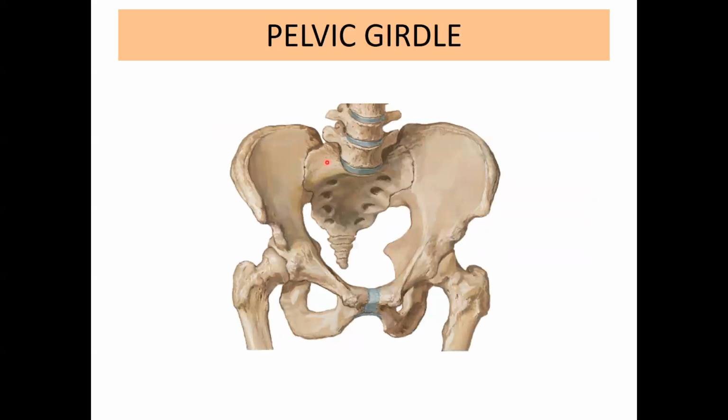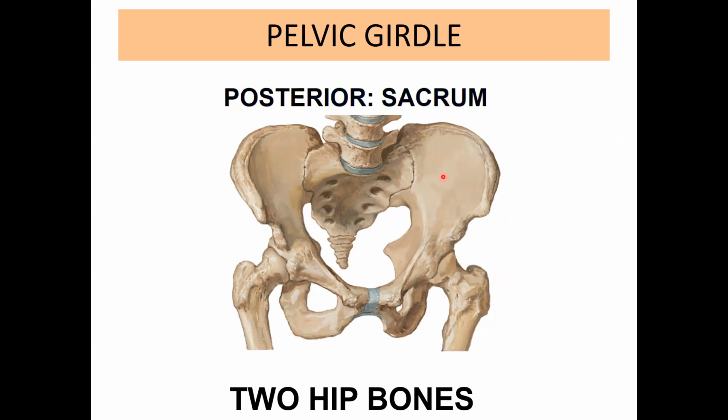Okay, this is pelvic girdle. It's made of two hip bones. So this is hip bone 1, hip bone 2. It is connected posteriorly by the sacrum. So this is sacrum and this is coccyx. This is the last two spine vertebrae.